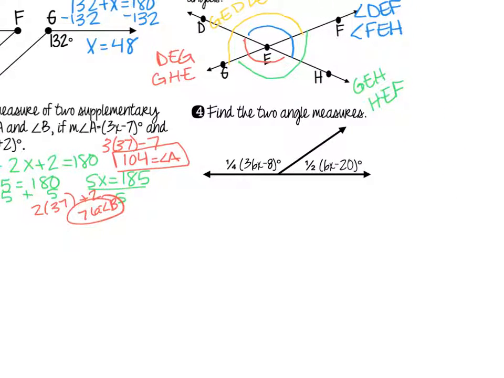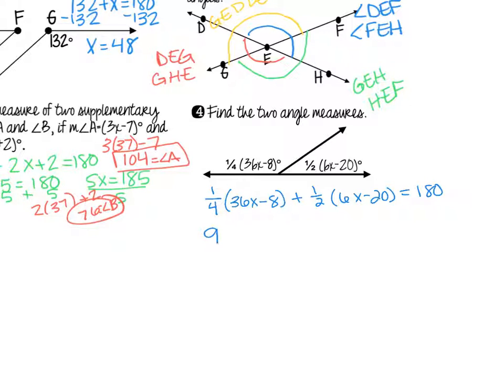Let's get some more room for number 4. So with number 4, similar concept, I'm going to have 1/4 times 36x minus 8 plus 1/2 times 6x minus 20 equals 180.